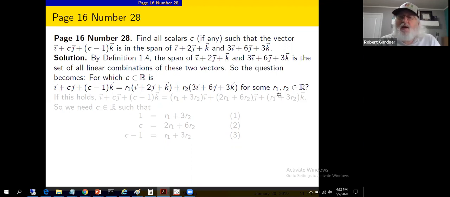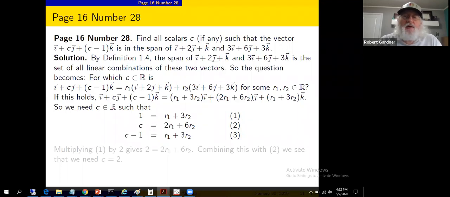Can you find R1s and R2s that satisfy this equation, or for which values C are there R1s and R2s? There are three things we don't know: R1, R2, and in particular C, and that's the real question. All we've done is translate their question involving the word span into our question involving linear combinations. Spans are linear combinations, so we haven't done much yet.